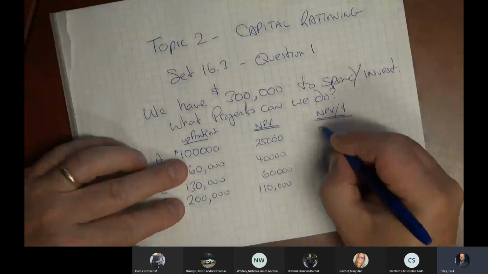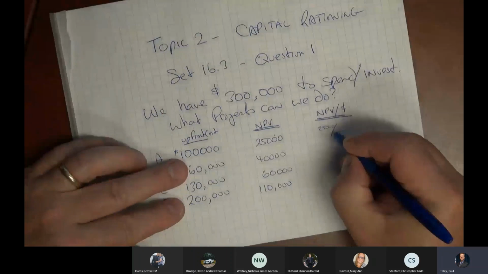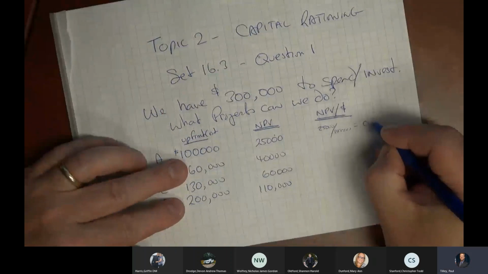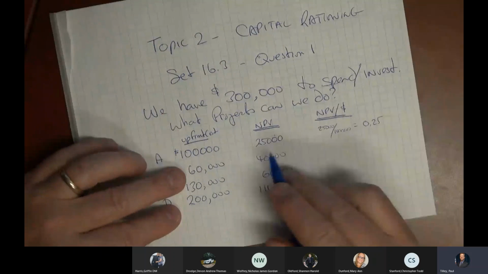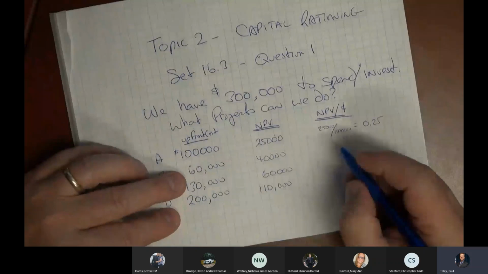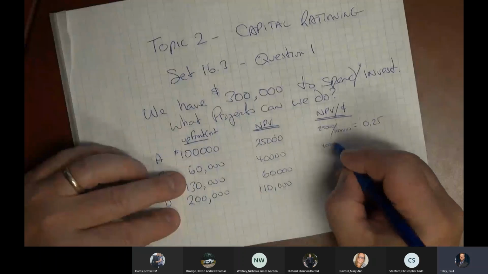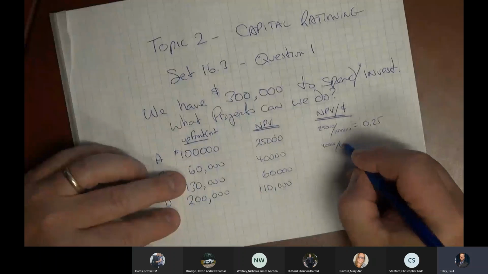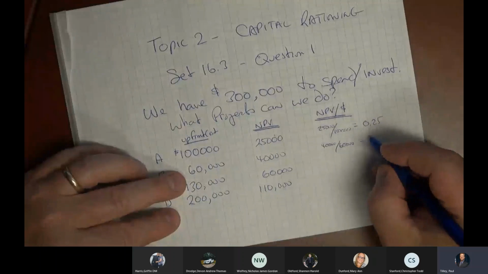$25,000 net present value divided by the $100,000 we have to put up front, and we get 0.25. If we were to take the net present value of the second investment, $40,000, divided by the $60,000 up front, that's 0.67.